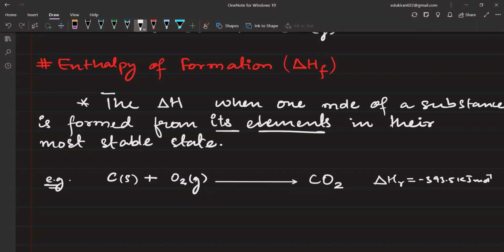Okay. Now आप लोग बताइए. मान लीजिए आपको बनाना है, what is the reaction for... आप लोग केमिकल इक्वेशन लिखिएगा यहाँ पे. डेल्टा एच छोड़ दीजिए.